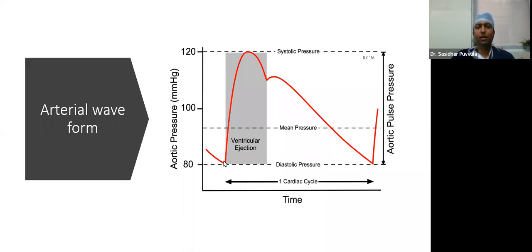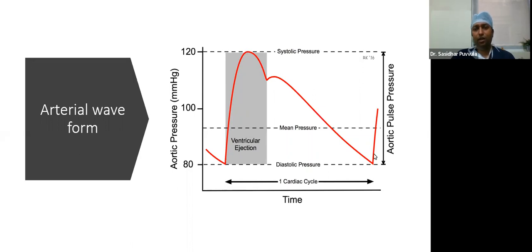When your aortic valve opens and your left ventricle contraction pumps the blood into the aorta, a pressure waveform is created which transmits through the entire arterial tree. This will cause a spike in pressure leading to the anacrotic limb, and the highest peak of this anacrotic limb is your systolic pressure.